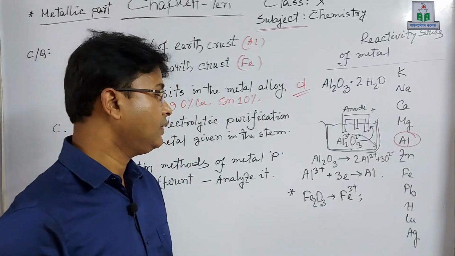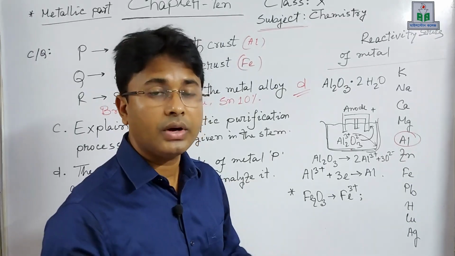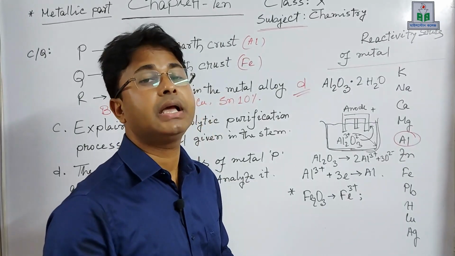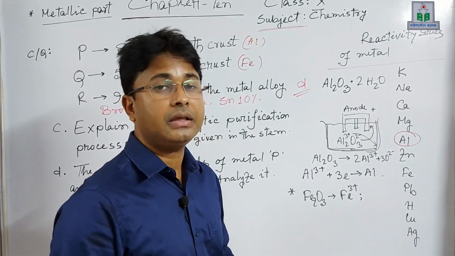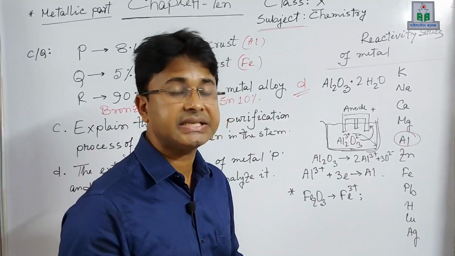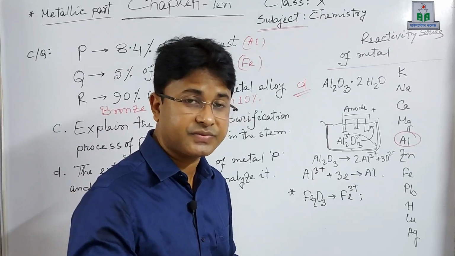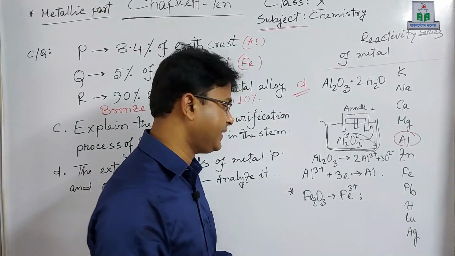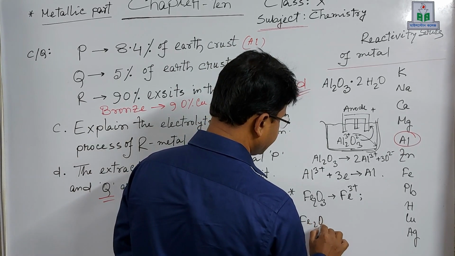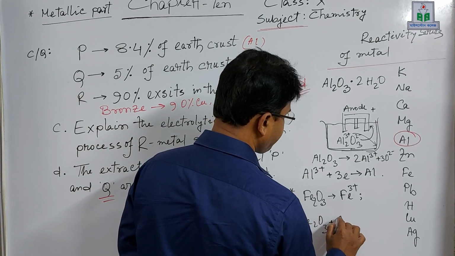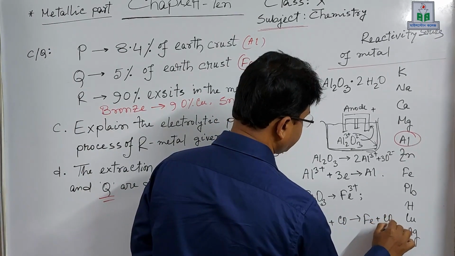At high temperature, at the lower part of the blast furnace, carbon is burned. Then this carbon is oxidized by the supplied atmospheric oxygen to produce carbon monoxide. Then ferric oxide is reduced by carbon monoxide to produce iron metal and carbon dioxide.